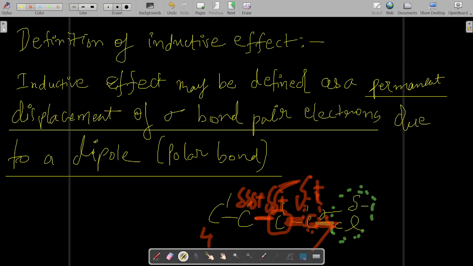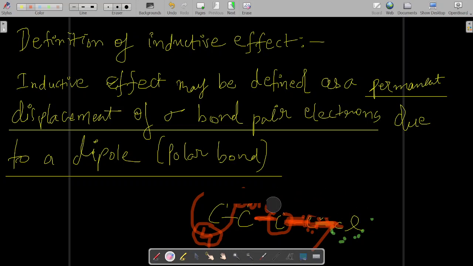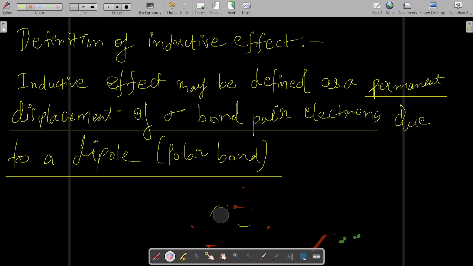So this bond is polarized because of this bond, and this bond was polarized because of the previous bond. This process continues, but from the fourth carbon onwards the polarization is so feeble that we cannot experience it at all. It is almost negligible. This is the thing you must remember.